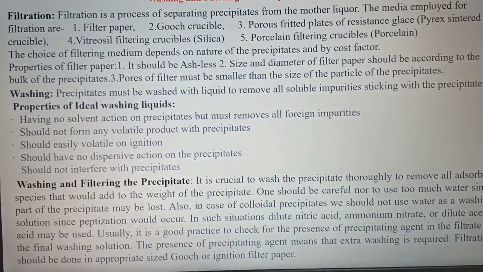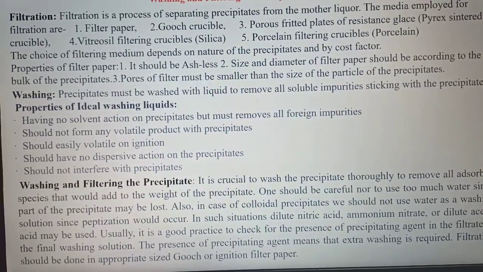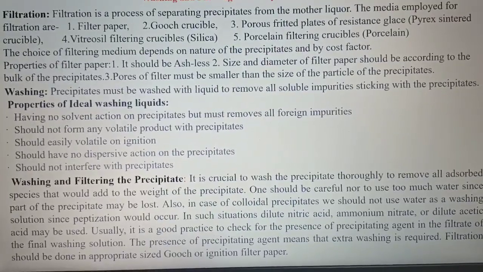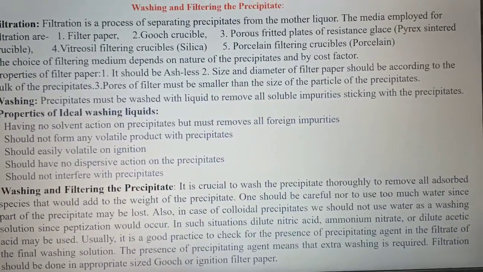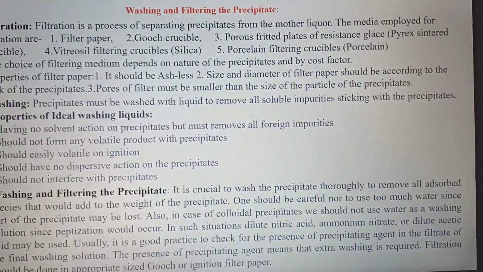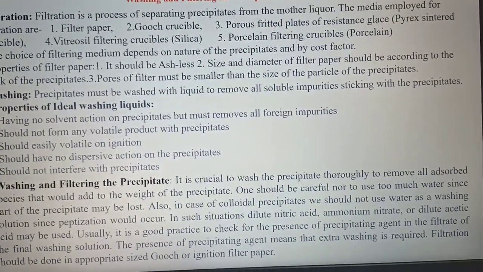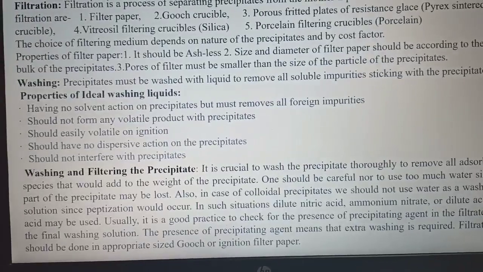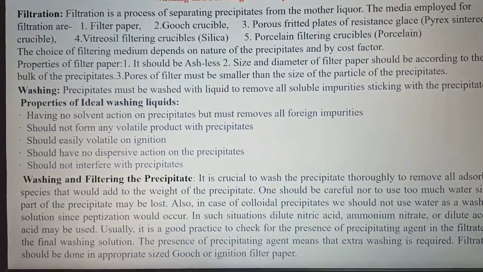So the filter paper should possess a large number of meshes with small porous holes. Then vertical clamping on the stand, then a porcelain dish. So these are the requirements for filtration.